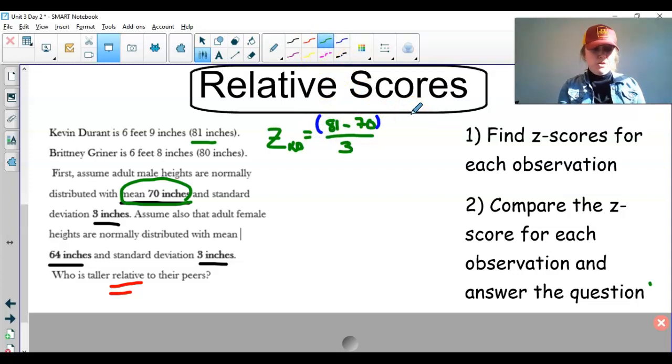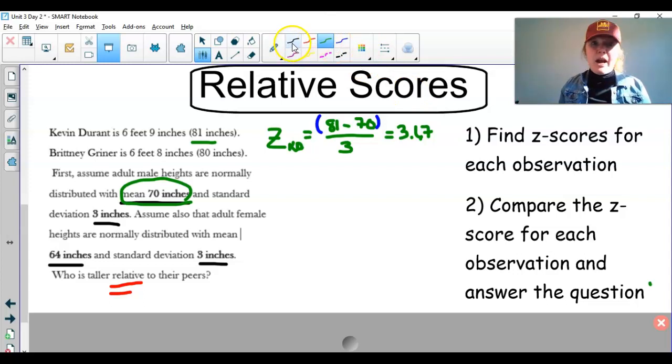Otherwise, I'm just going to take my numerator, 81 minus 70, divided by 3. That's going to give me 3.67. I'm going to round to the nearest hundredth. So Kevin Durant is 3.67 standard deviations above the mean.